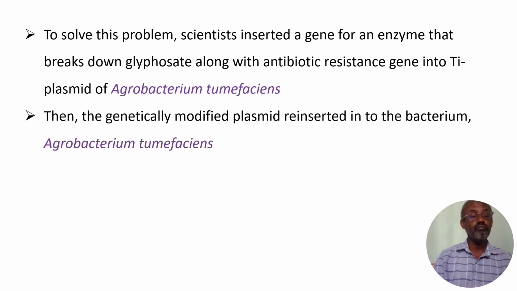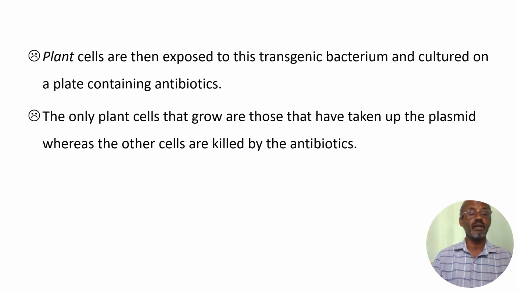Plant cells are then exposed to this transgenic bacterium and cultured on a plate containing antibiotics. You have inserted the gene for glyphosate resistance plus the gene for antibiotic resistance, so the medium contains antibiotics.